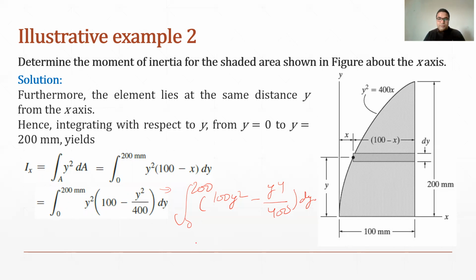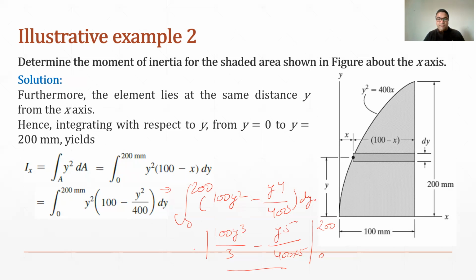So we can write this as 100 y cube by 3 minus y to the power 5 by 400 into 5, and the limit is 0 to 200. So we have to solve this equation to get the value of Ixx.